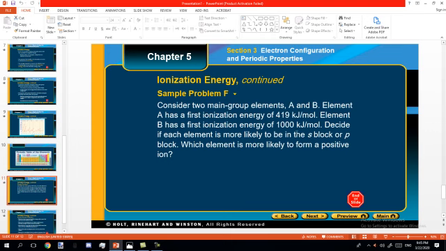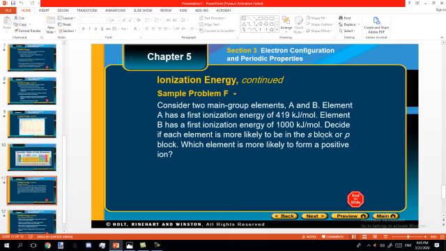Now the question is, decide if each element is more likely to be in the S or P block. Now we know that the S block contains metals. They are the first and second groups, while the P block contains the non-metals, which are on the right side of the periodic table. So which of them will be in the S block, meaning which of them is a metal, and which of them in the P block, meaning which of them is a non-metal.